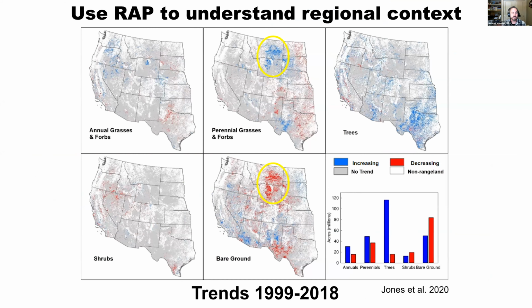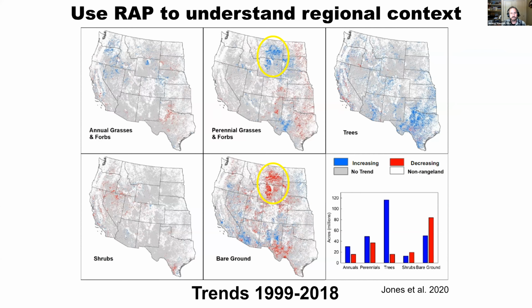And if we want to take that even one step further, RAP can help you provide regional context for those local observations. So we're really combining both space and time in this example here. And what I'm showing you are some trends in rangeland functional group cover based on the RAP data that Matt published in Rangeland Ecology and Management this last year. 20 years, what's been happening with these different functional groups.